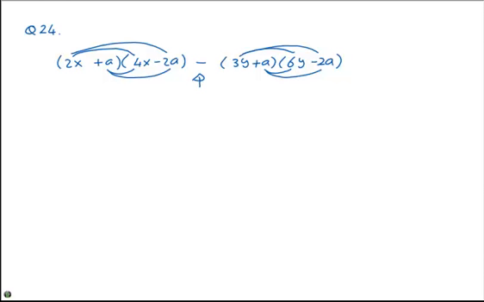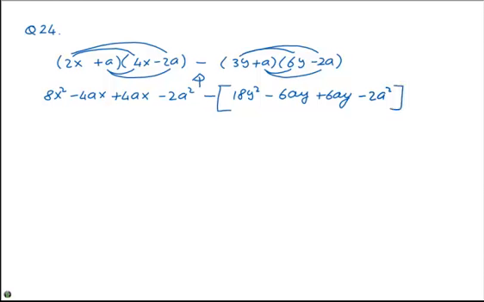So 2x by 4x is 8x squared minus 4ax plus 4ax minus 2a squared minus, use your square bracket, 18y squared. You notice that will cancel.